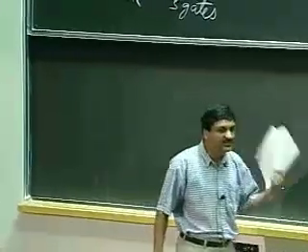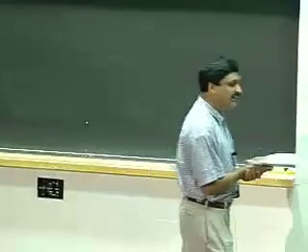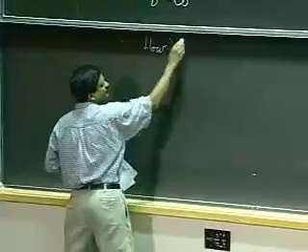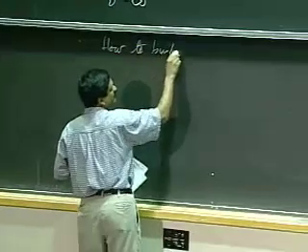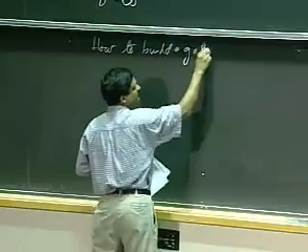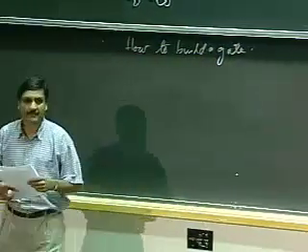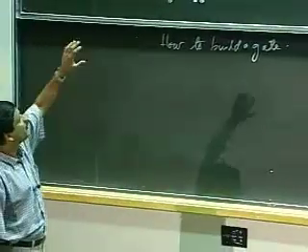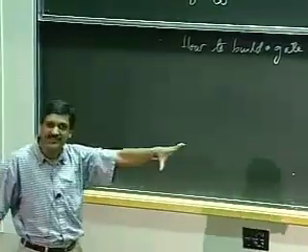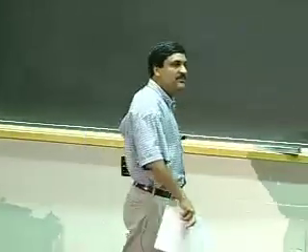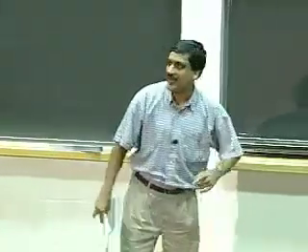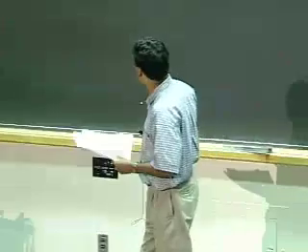So what's today's lecture about? Today's lecture is going to be about what's inside a gate. How to build a gate. Once you build a gate, you can then put millions of them into computer systems or analog systems or other sorts of systems.